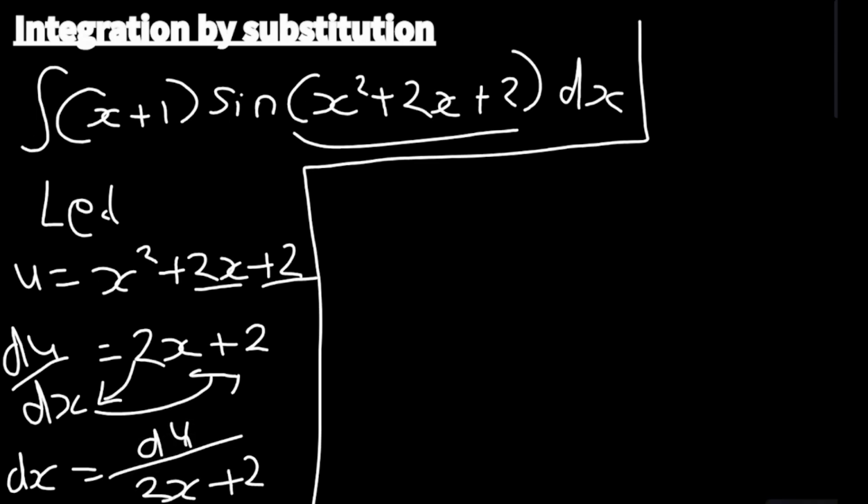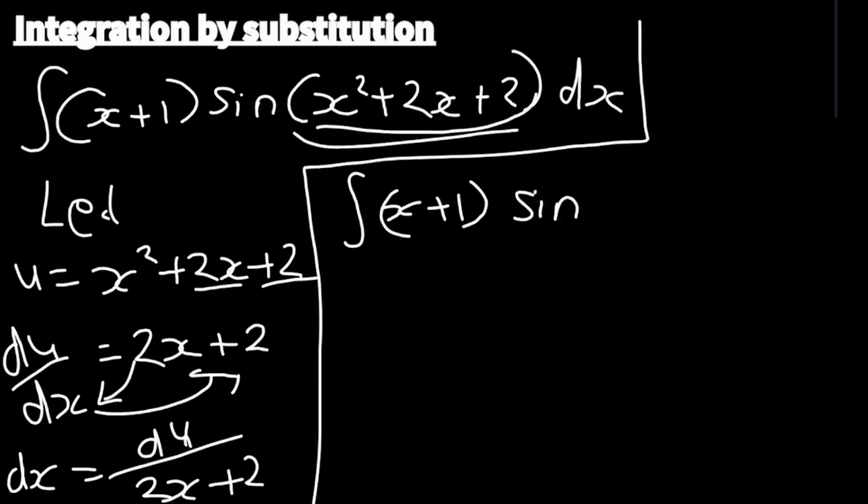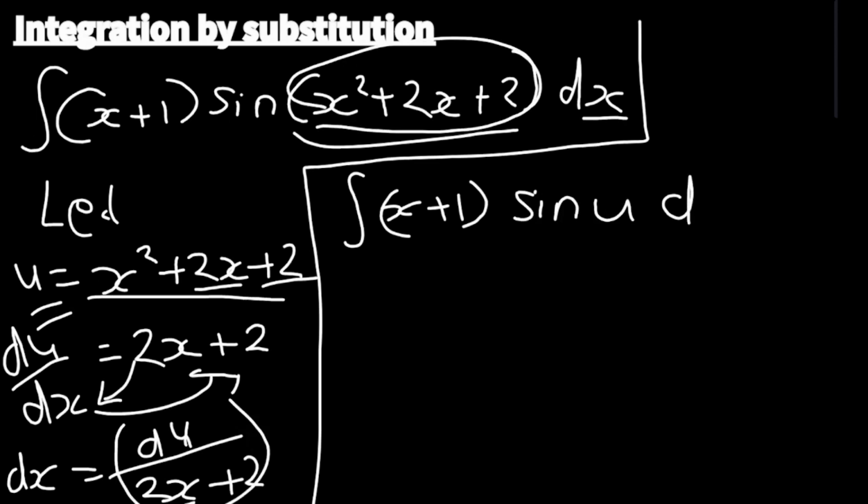Now let us substitute everything in our initial integral. That will be (x plus 1) sine u, and our dx is du over 2x plus 2.